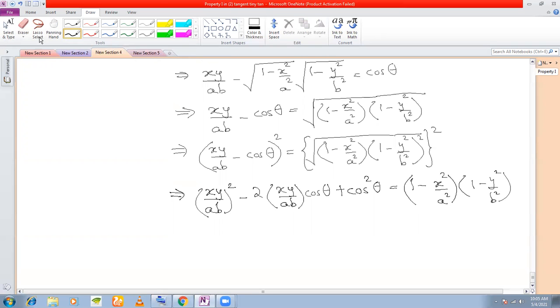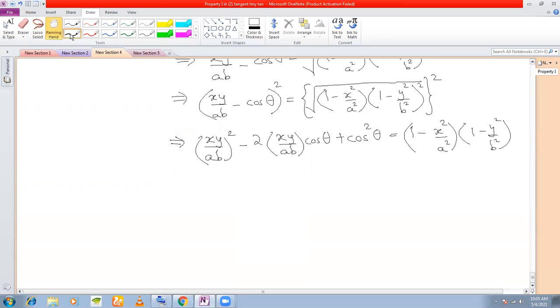Now what you do here is you write this as x square y square by a square b square. Okay, and this as minus 2xy by ab cos theta plus cos square theta is equal to, on the right hand side you multiply it.